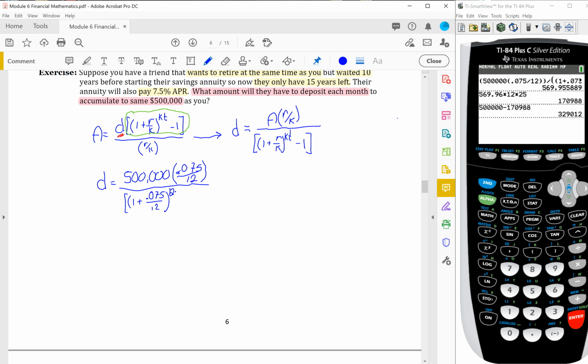Now be cautious here. Remember, t is the amount of time that they are saving, that they're funding this annuity. And because your friend waited that 10 years, they only have 15 years left. So times 15, minus 1.